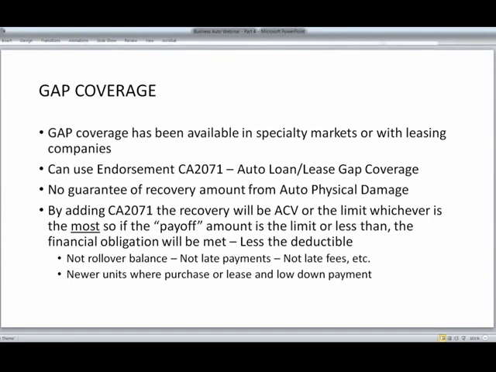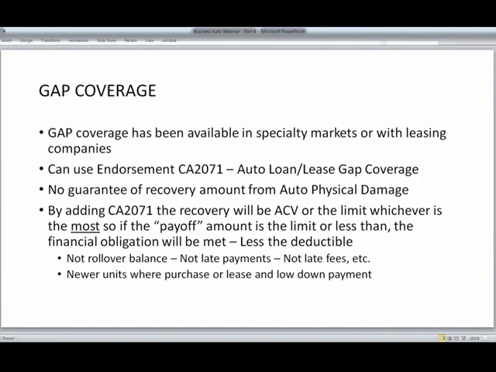So if the payoff amount is the limit or less than that, or less of the financial obligation, then at time of loss, we will pay what it's worth or pay the bank note off, whichever is less. Of course, again, less the deductible.